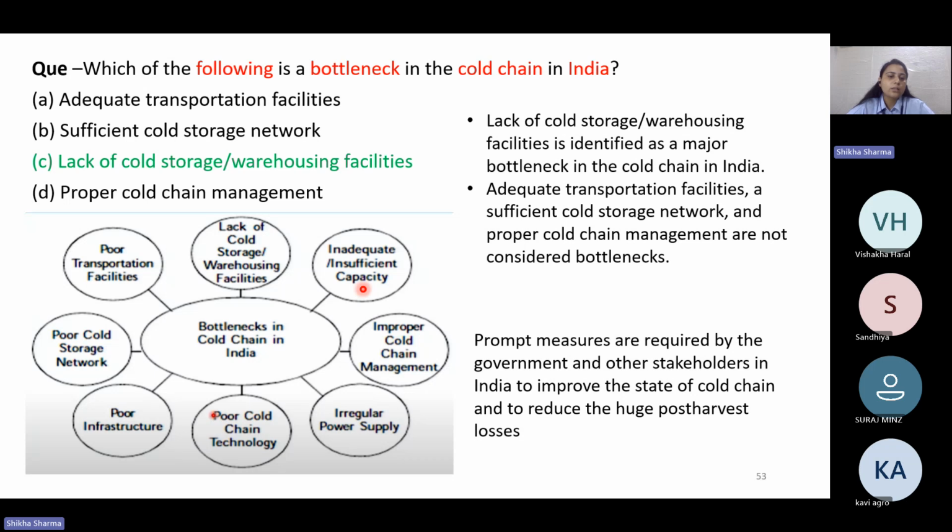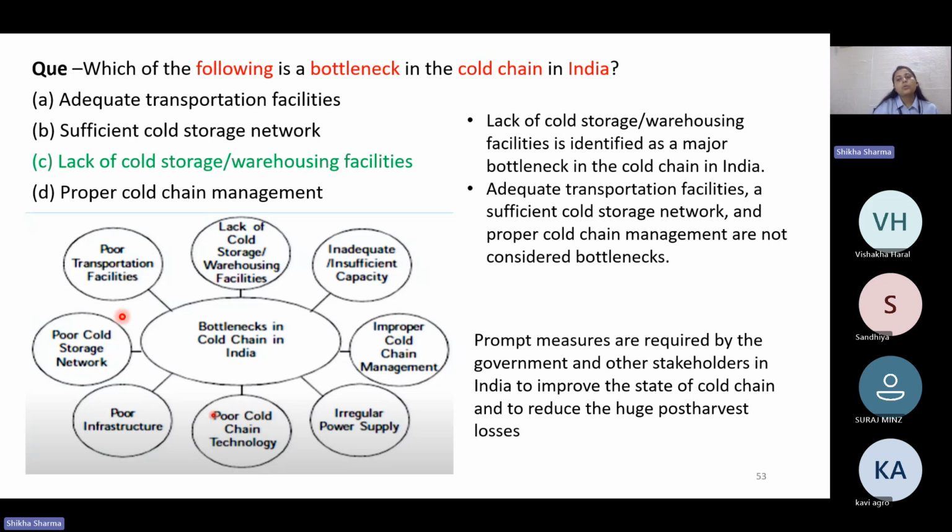If the cold chains are there, the capacity is not sufficient, and there is a lack of cold storage or warehousing facilities. There is not a proper amount of cold storage, and the existing ones also do not have advanced technologies, and there are poor transportation facilities and a poor cold storage network.